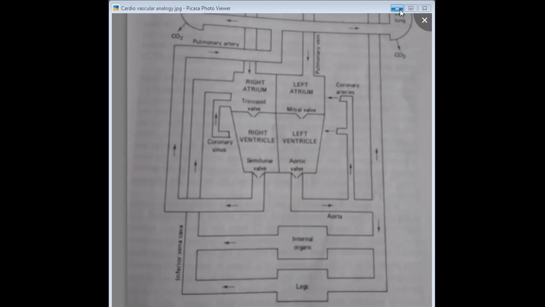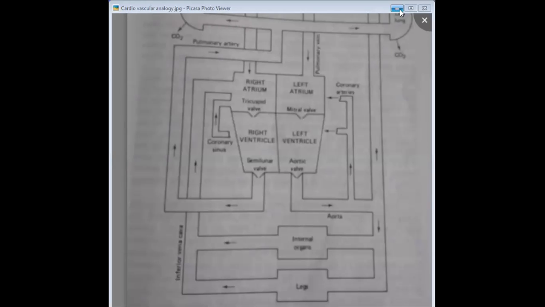When the pressure in the right ventricle increases, there is a pulmonary valve. This is the pulmonary valve, which you can also call the semi-lunar valve. This semi-lunar valve opens, and the blood goes to the lungs through the pulmonary artery.